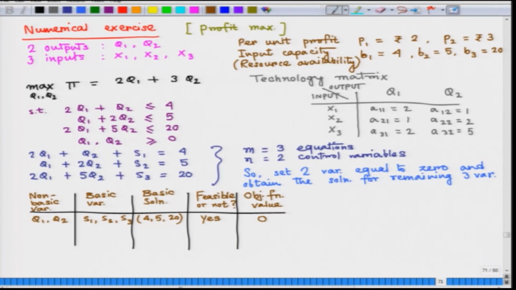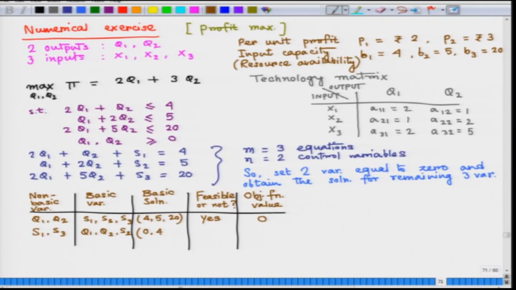Okay. So, the next case that we are going to study is S1 and S3 being the non-basic variables, meaning that we assume 0 values for these 2 variables, and if we assume so, then basically we have the basic variables as q1, q2 and S2, right. Okay. So, if that is the case, then what is my basic solution?